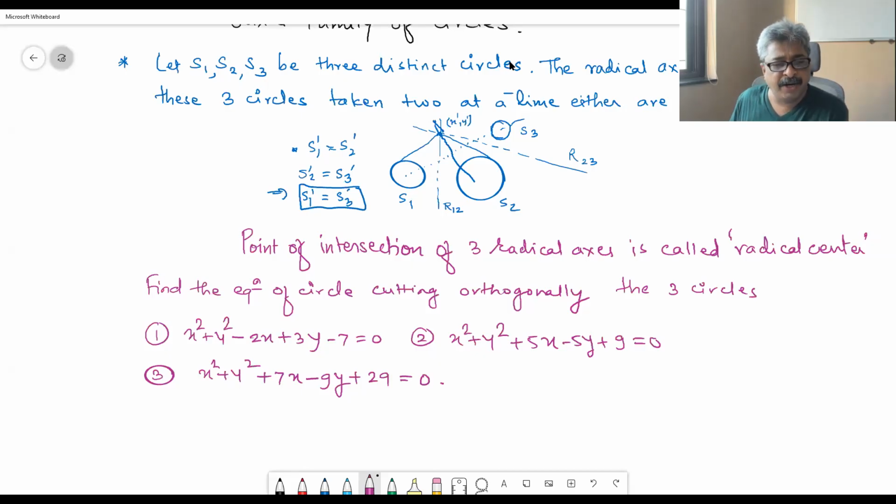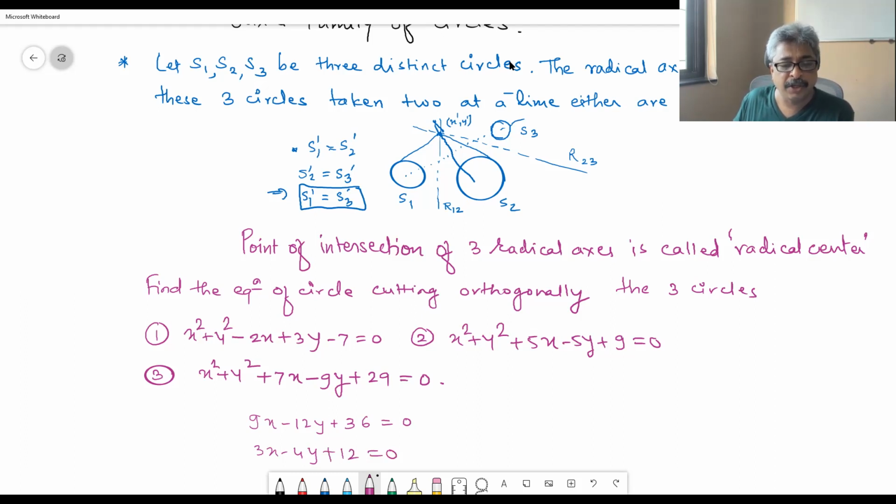Now we can very quickly find the radical center by radical axis intersection. The radical axis of 1 and 3 is 9x minus 12y plus 36 is equal to 0. Right? So 3 is common, which is 3x minus 4y plus 12 equals 0. You have to solve this equation simultaneously with, say for example, let us take these two.